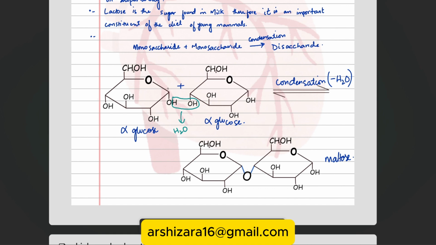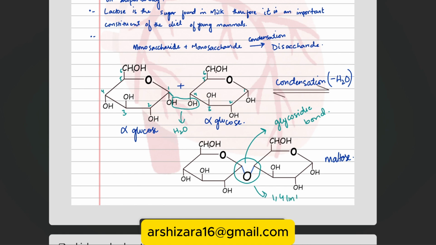This is the first carbon, second carbon, third carbon, fourth, fifth, sixth carbon, and the same on the other molecule. So we have a bond formation between carbon 4 and carbon 1. This bond is called the glycosidic bond.